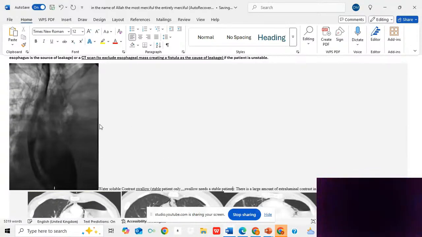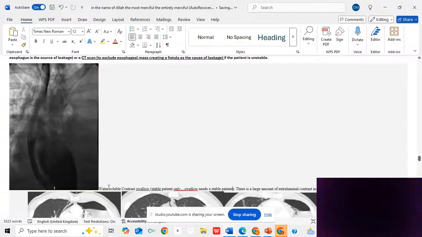Okay, so you recommended water-soluble contrast swallow. Can you see, water-soluble, not barium? Water-soluble because there is suspicion of esophageal rupture, and you don't want the barium to leak into the mediastinum.